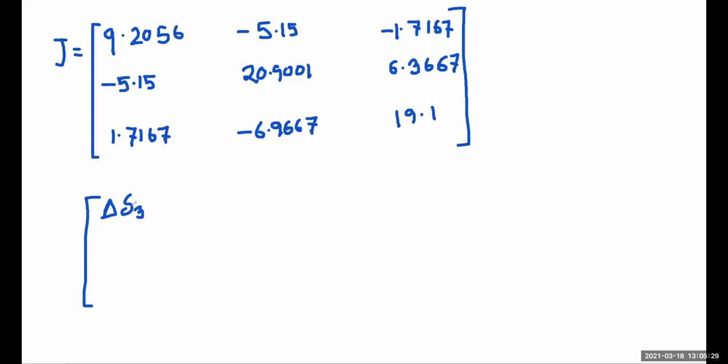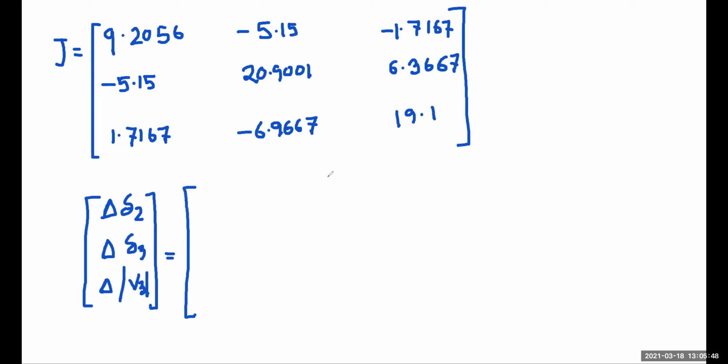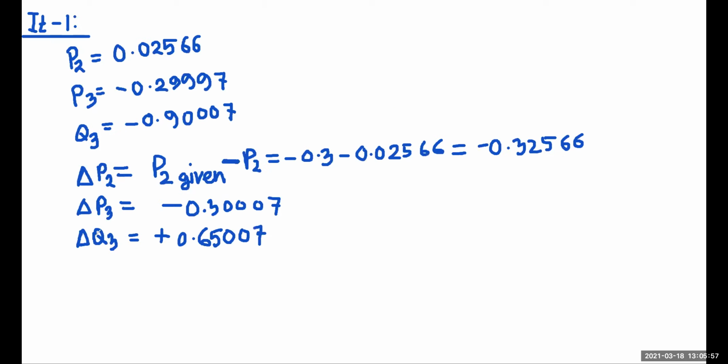So our del 2, del 3, del v3. Now what? Put this matrix and invert it. Then put del p2, del p3, del q3, right?